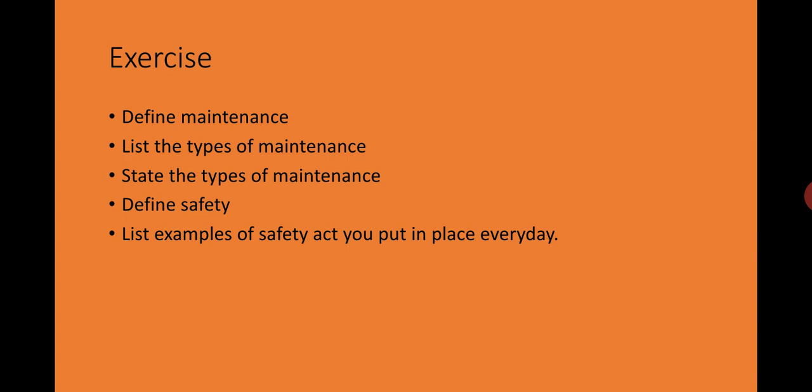When I say list, just write out preventive maintenance, corrective maintenance, predictive maintenance. But when it comes to state, write it out and explain a little. That is the difference between list and state.